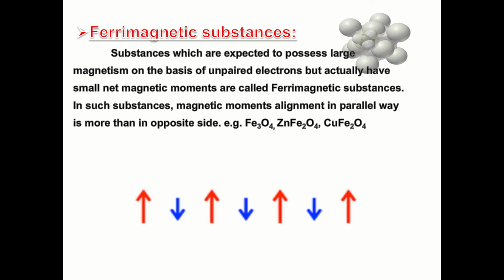These solids are expected to possess large magnetism on the basis of unpaired electrons, but actually they possess a small net magnetic moment because the magnetic moments align in parallel and anti-parallel directions in unequal number, and the magnetic moments pointing in the upward or clockwise direction are more in number than those pointing in the anti-clockwise direction.